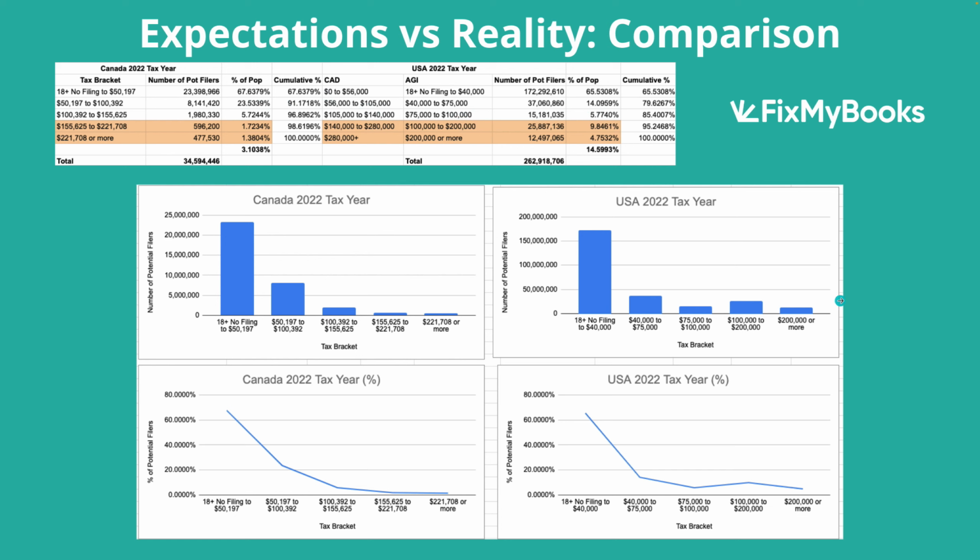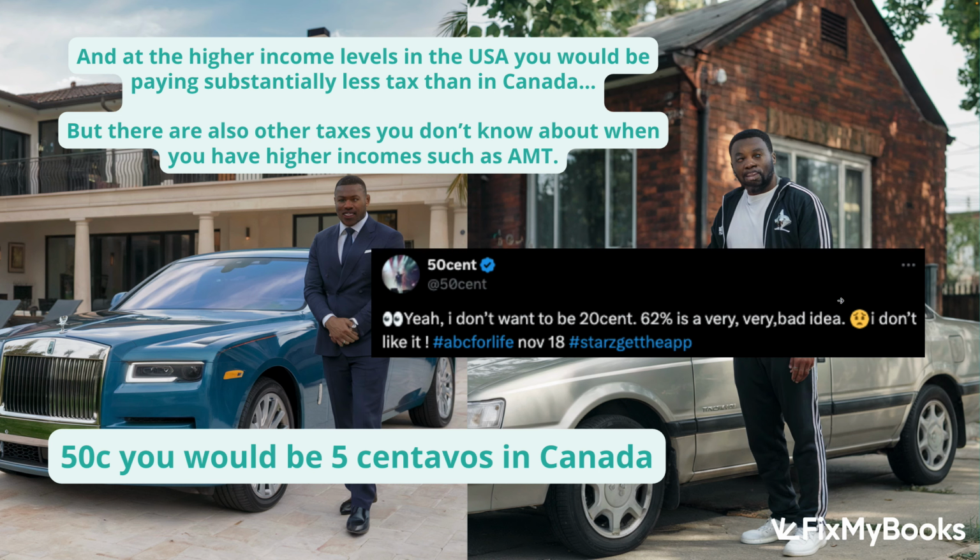But I have another one here. Pardon the terrible AI photos, but like I said, at higher income levels in the US, you would be paying substantially less tax than you would in Canada. But there are also other taxes that I haven't factored in here that you'd need to talk about. So the AMT taxes, which I'm not going to get into. But I did find something funny from what 50 Cent said a while ago. I don't want to be 20 cent. 62% taxes is a very, very bad idea.